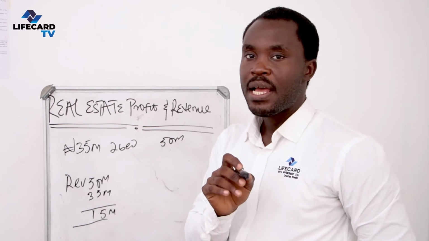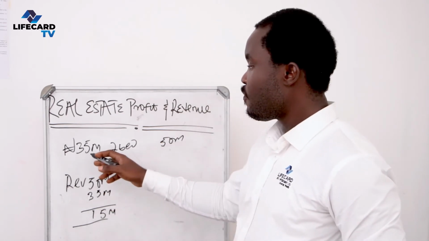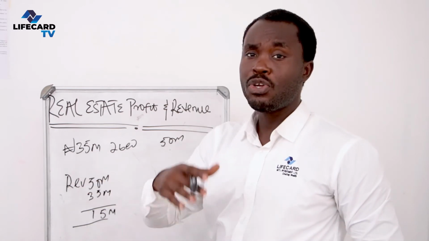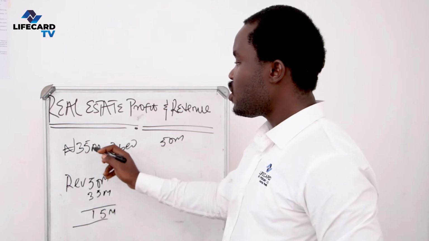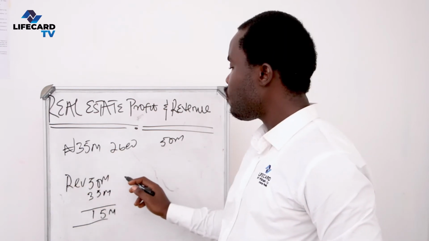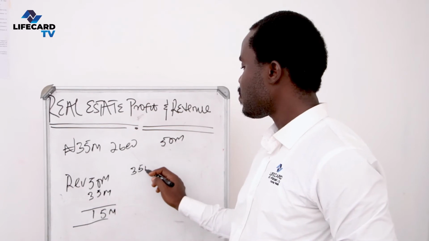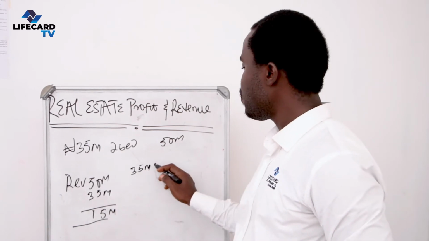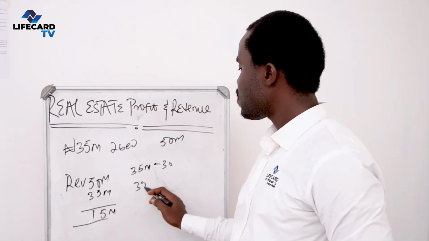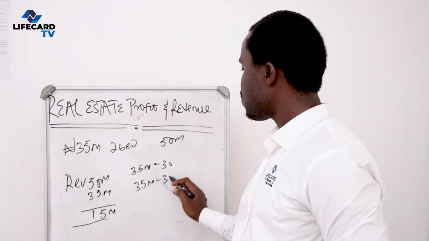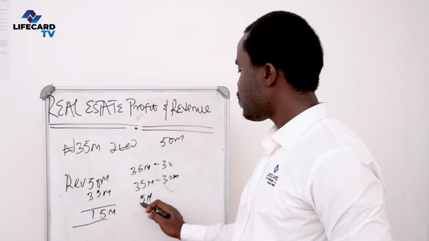Same thing happens for a loss. If you bought the property for 35 million and then for some reason you were in some sort of distress and you sold this property for, let's say, 30 million, you would have made a loss of 5 million.